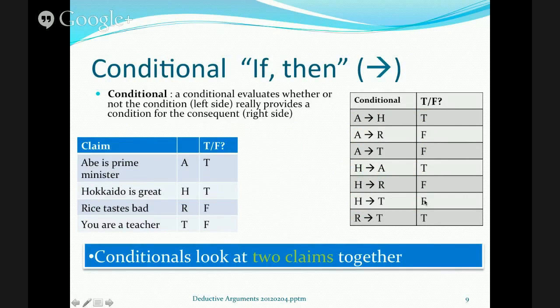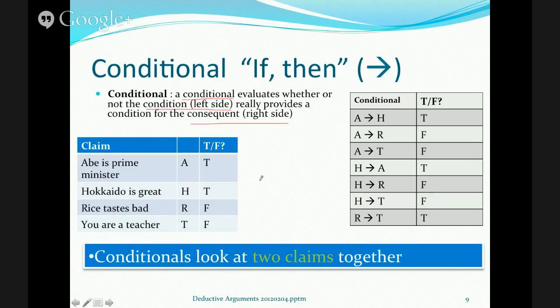Now, if-then conditionals. A conditional is something where there is a left side, which we call the antecedent, and a right side, which we call the consequent. This one is a little bit strange.